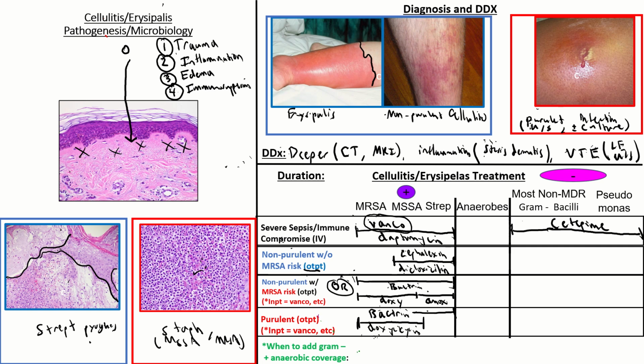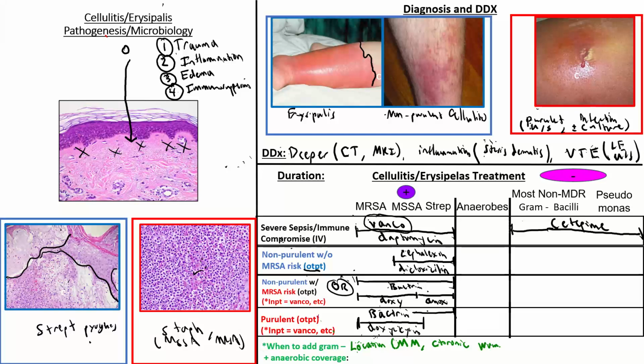Lastly, and this one does get a little bit difficult, when do we end up covering gram-negatives and anaerobic coverage? There are different lectures on this, but the cases where you do consider this, one is going to be the location. So where do your gram-negatives live? Really in your GI tract, somewhat in your mouth, mostly GI tract. So location is if it's around any mucous membranes. Chronic wounds, say like a decubitus ulcer or diabetic foot ulcer, increase your risk for a polymicrobial infection.